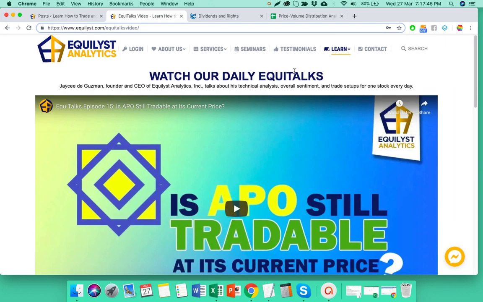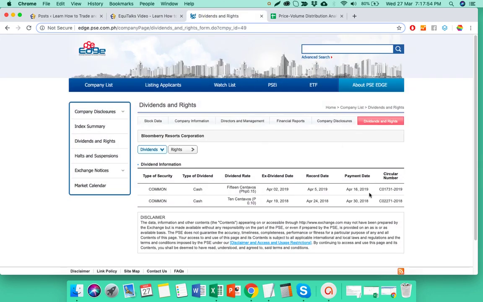Now, before we tackle the chart of Bloom, I'd like to show you if it has some dividend announcements this 2019, and it has. There's a next dividend date of April 2, 2019 for 15 centavo cash dividend.